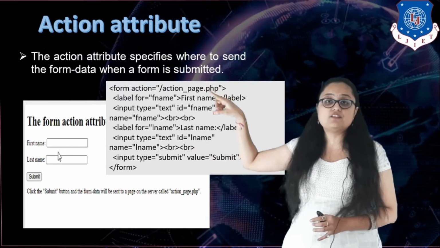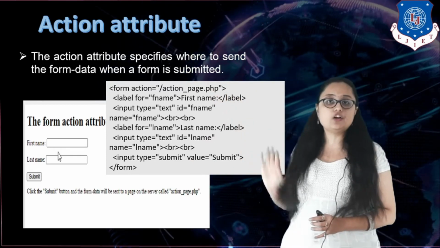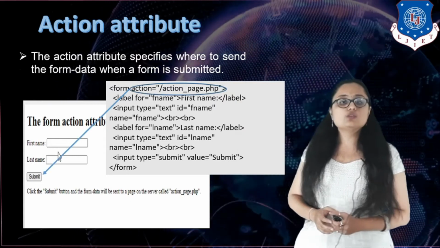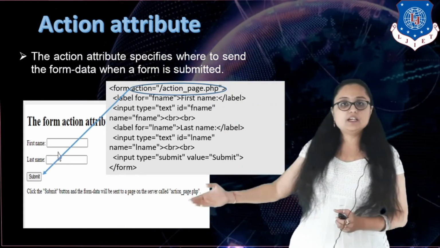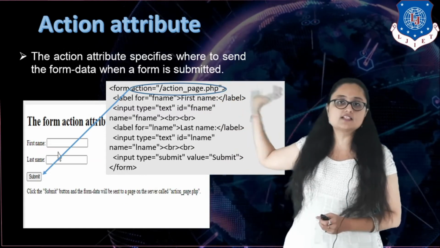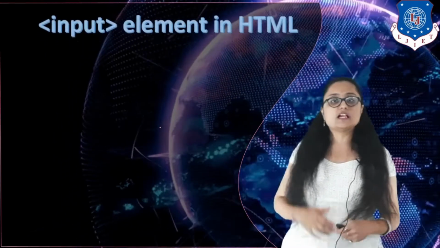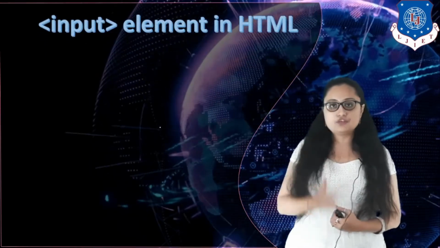The page that I have written in the value of the action attribute, that is action underscore page dot php, right? So yes, this will be submitted to this page and you have to write the further logic in this PHP page. Okay. So these are the two attributes that you have to write along with form.